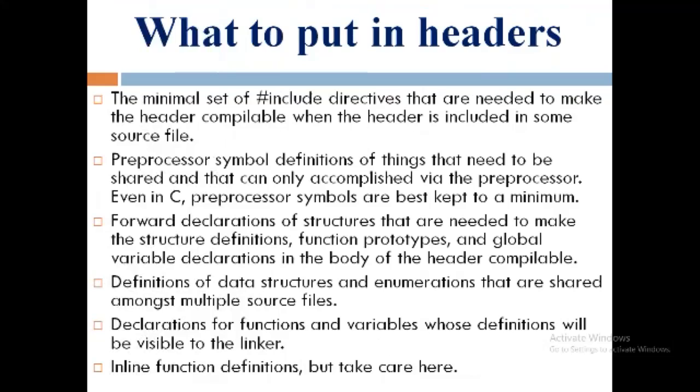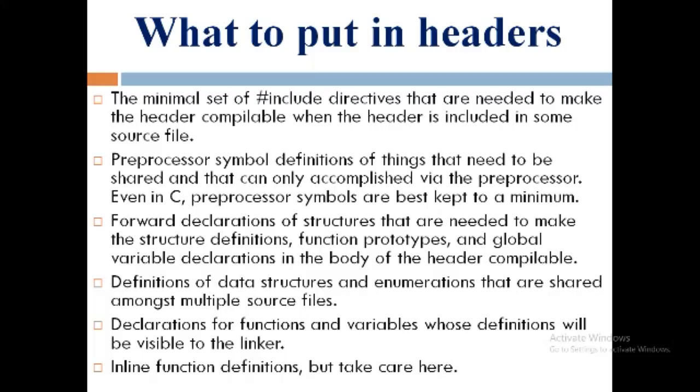Then what to put in headers? The minimal set of #include directives that are needed to make the header compilable when the header is included in some source file. Preprocessor symbol definitions that need to be shared and that can only be accomplished via the preprocessor.